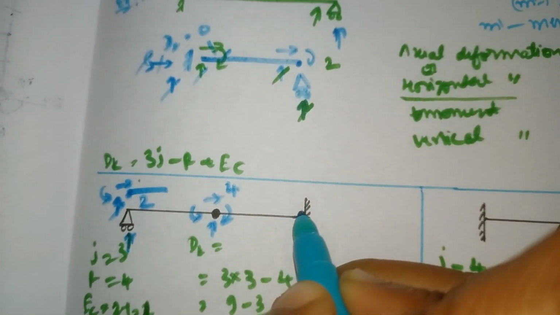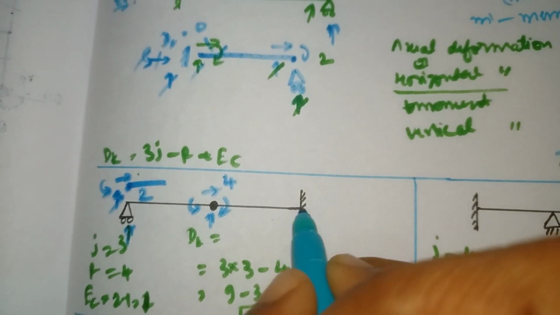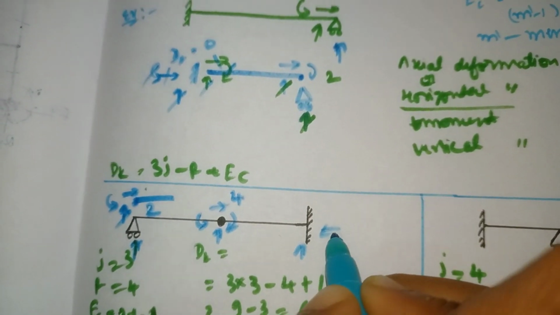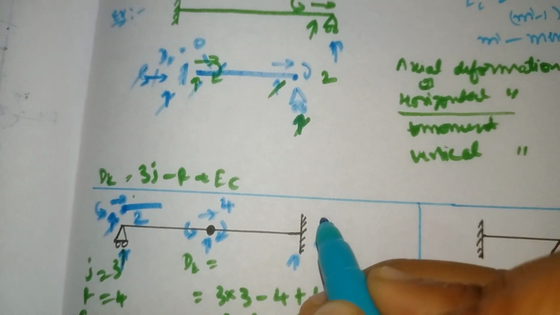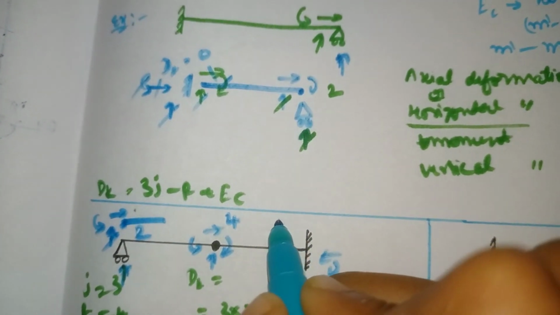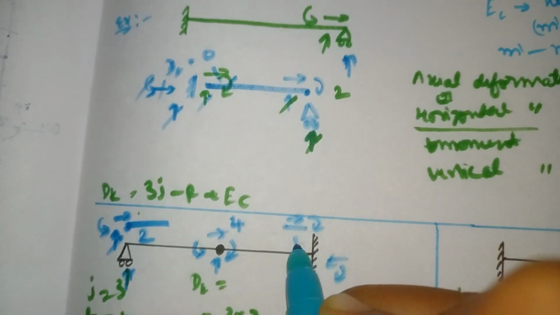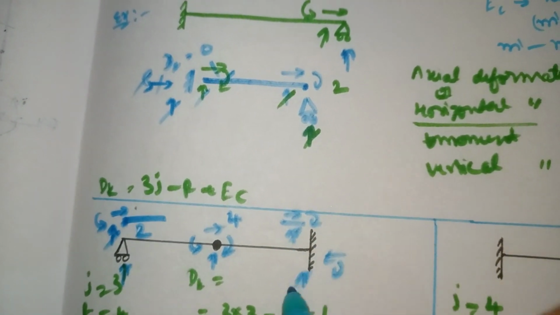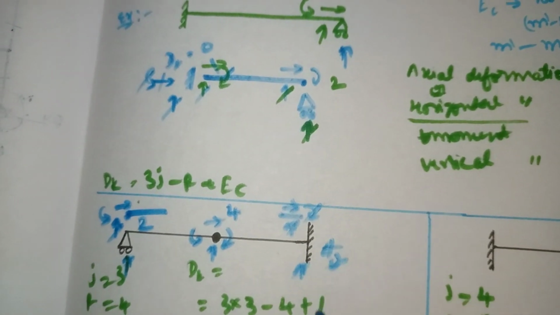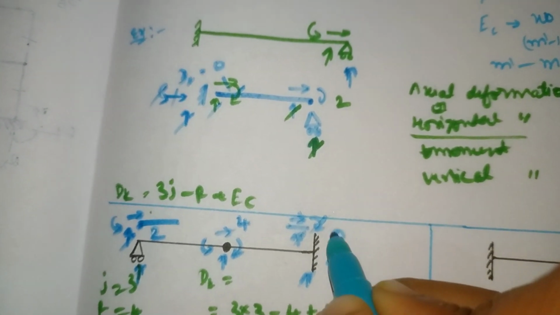As I told, there is no degree of freedom because the fixed support has 3 forces: horizontal, vertical and one moment. So your vertical gets cancelled, horizontal gets cancelled, and rotation gets cancelled. The value of dk at the fixed joint is 0.